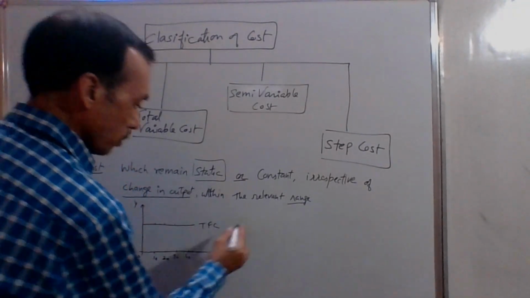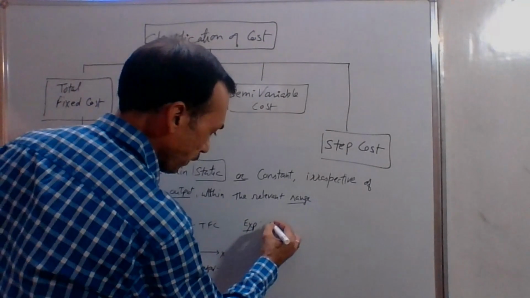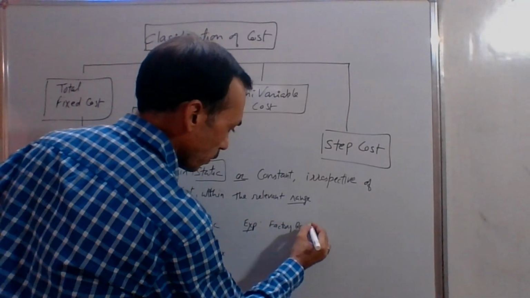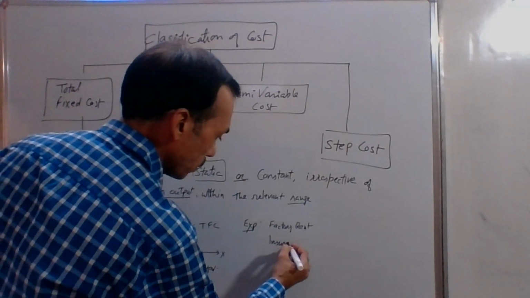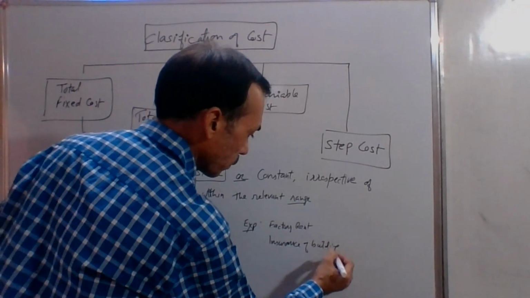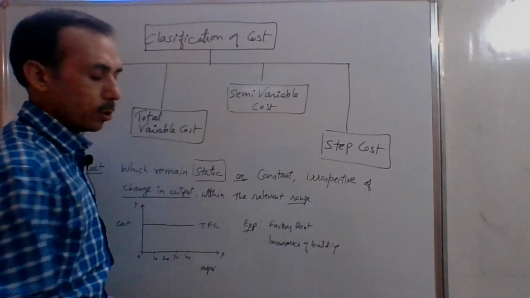Some examples of fixed costs are factory rent and insurance of building.